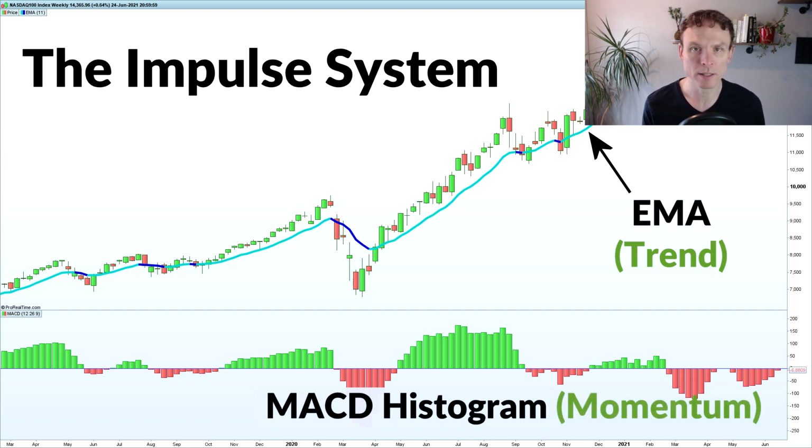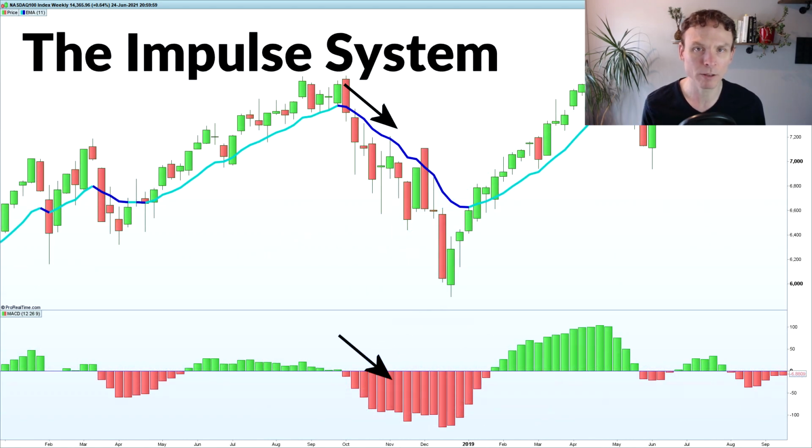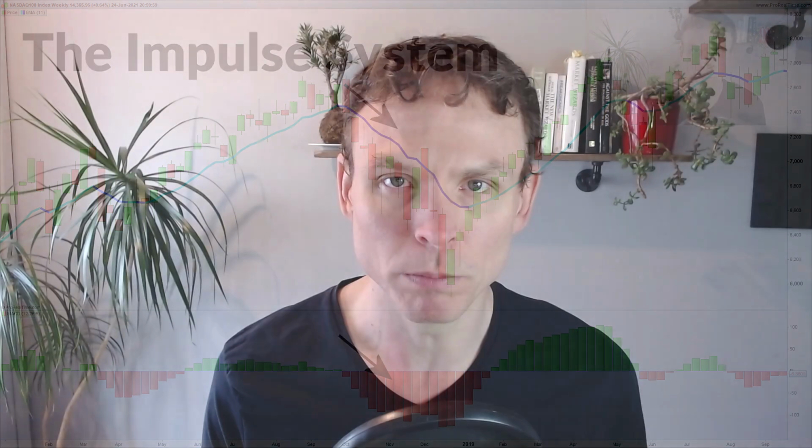If both of these are pointing upwards, in other words, the EMA is going up and the MACD histogram bar is higher than the previous, then we have an up impulse. If both of them are down, then we have a down impulse. And if they're not saying the same thing, then we have no impulse.